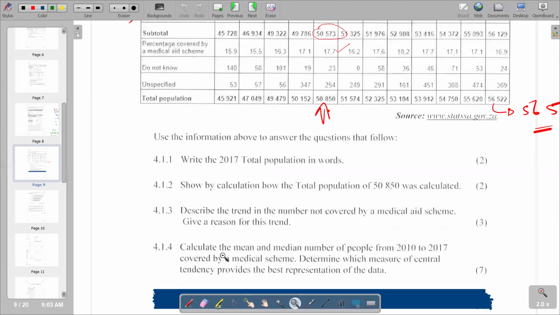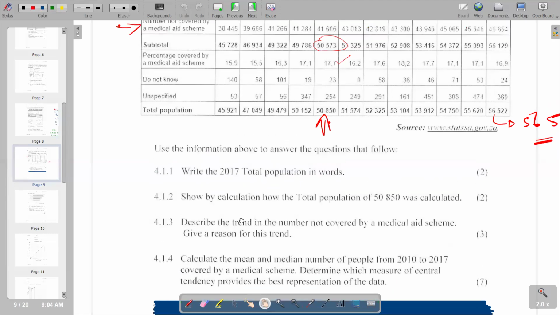So our next question says, calculate the mean and median number of people from 2010 to 2017 covered by medical aid scheme. Determine which measure of central tendency provides the best representation of the data. So we can start by calculating the mean from 2010 to 2017 of the number of people covered by medical aid scheme.